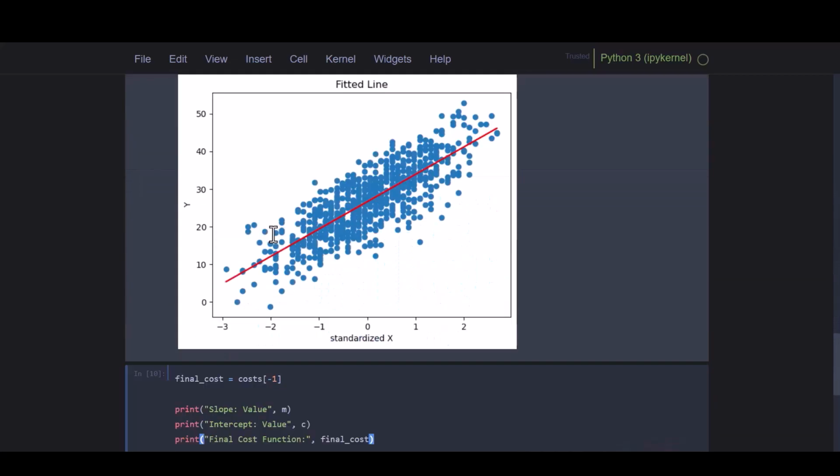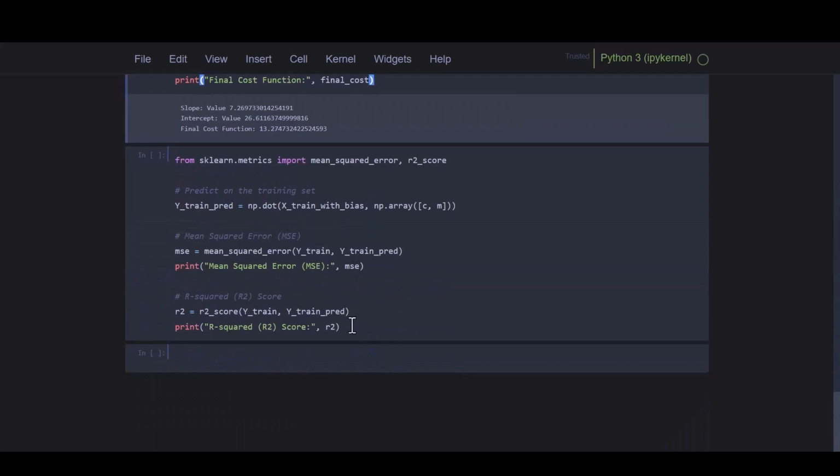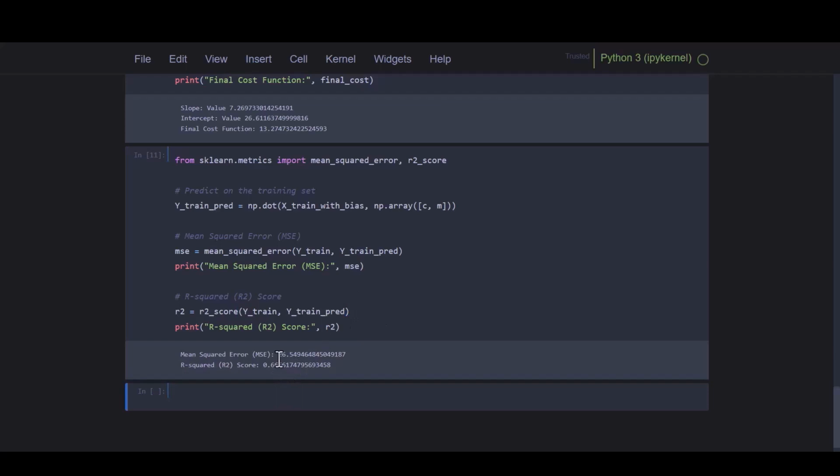So now let's look at the accuracy of this model using the mean squared error and r squared value. So I'm getting a mean squared error of 26.54 and I'm getting an accuracy of 66%. So when I used SkLearn, I was able to get around 0.61.